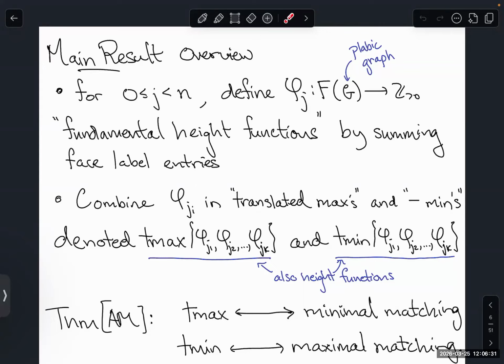It turns out these are also height functions, so they also correspond to matchings.